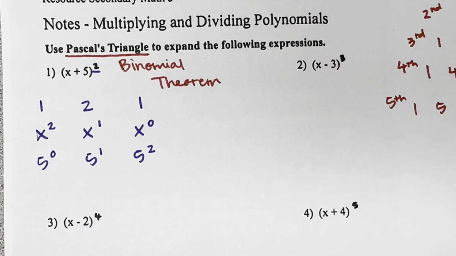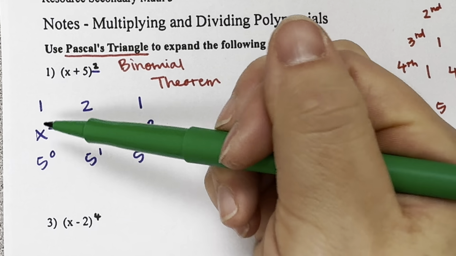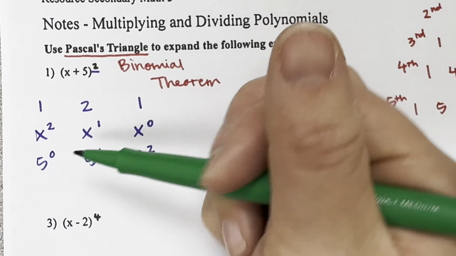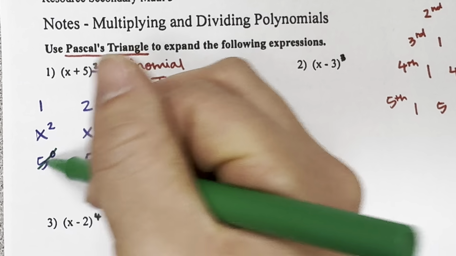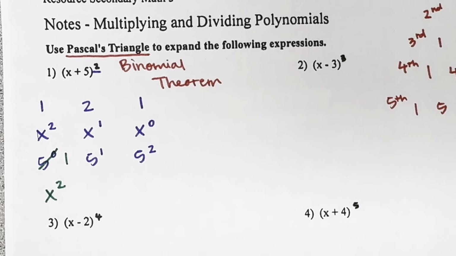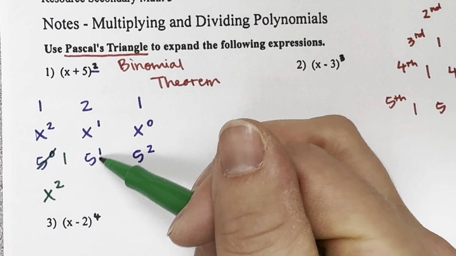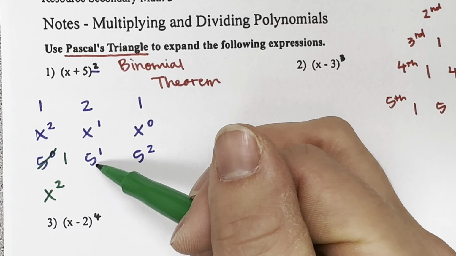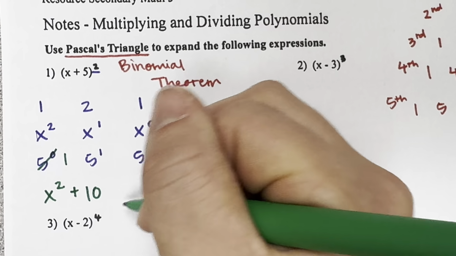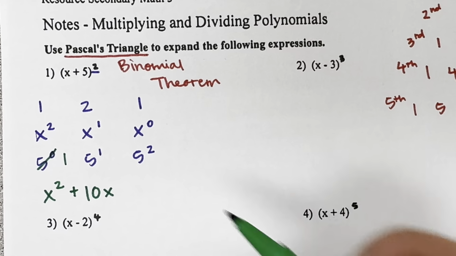And now all I have to do from here is simply multiply straight down to find my terms. Okay, so we know that anything to the power of 0 is just 1. 1 times x squared is just going to give me x squared. Okay, well, 5 to the power of 1 is just 5. So 5 times 2 is going to give me a positive 10, and then x to the power of 1 is just x.